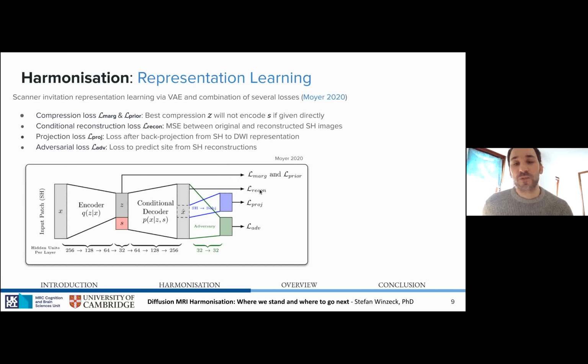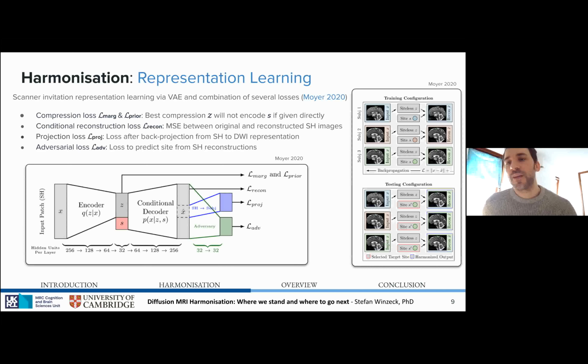One is the reconstruction loss, as I mentioned, basically just comparing the input and the output with one another. But you also have an adversarial loss, which tries to predict, based on your reconstruction, if the scanner comes from one or the other site.